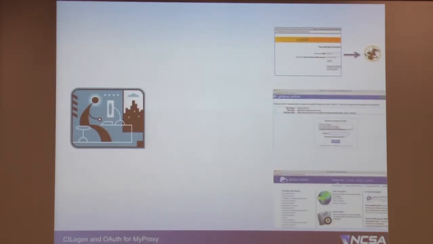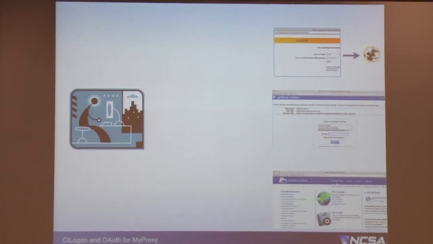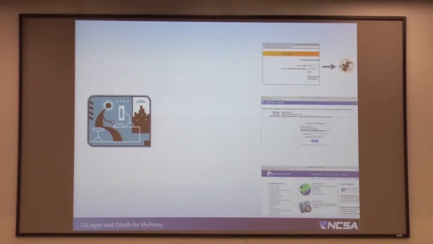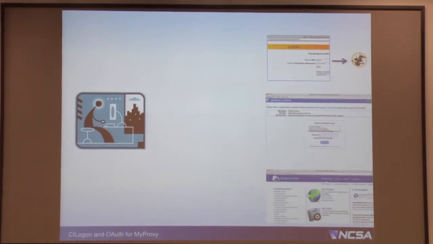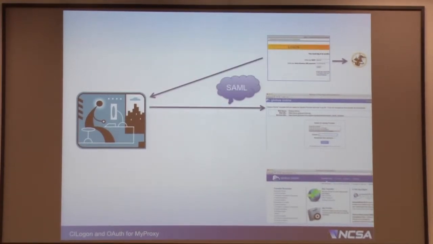So as I mentioned, after I successfully log in at the University of Illinois, that involves verifying my password through Kerberos. Then the University of Illinois SAML identity provider is going to issue a SAML assertion, which then CILogon is going to check, make sure it's properly signed and truly comes from the University of Illinois. And then from that assertion, it's going to find out my identity, so find out my name and email address.